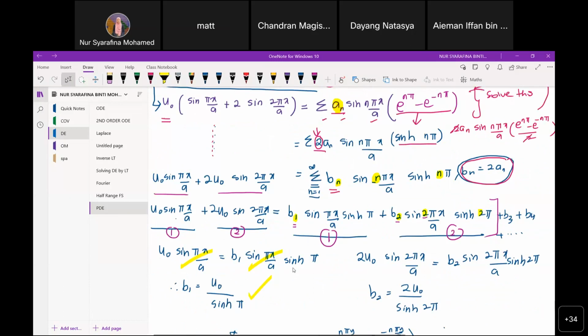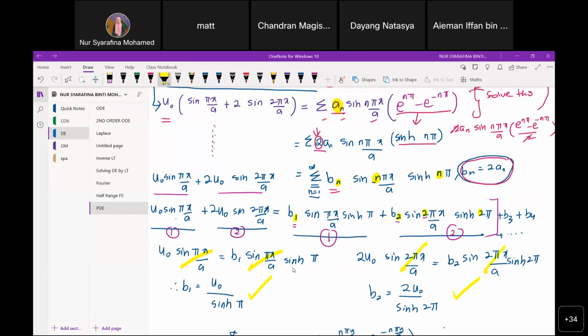Then b2: comparing the left-hand side and the right-hand side, we have sine 2 pi. b2 equals 2u naught, so b2 is 2u naught over sine 2 pi.